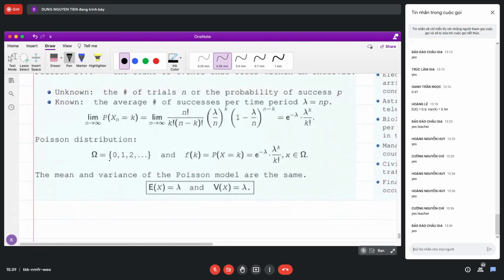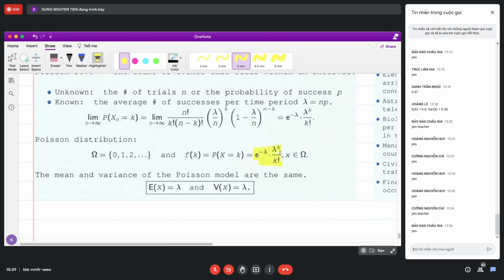The sample space should be the set of all the possible values that a random variable may take: 0, 1, 2, 3 up to infinity. And then you have the following probability mass function. The probability that x equals k is e to the minus lambda times lambda to the k over k factorial. We take the expression for granted.